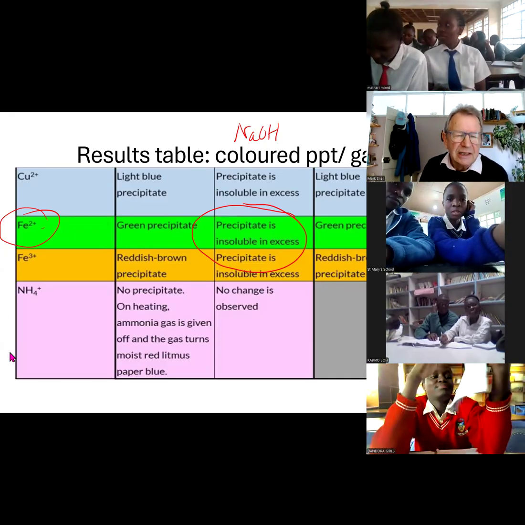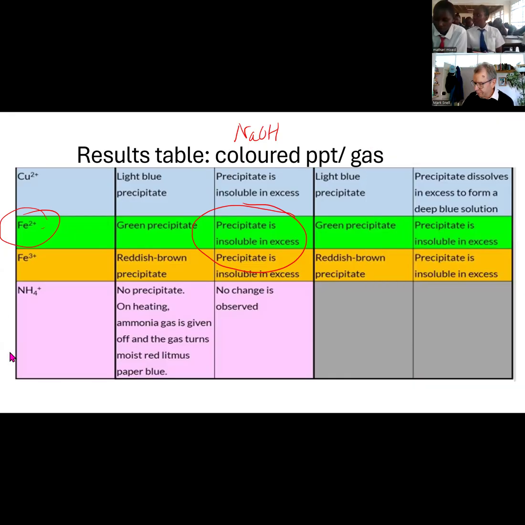Very good. So this would very simply be Fe2 plus aq plus, because it's two of them, 2OH minus aq goes to Fe(OH)2 solid. That's it. Okay, that's the one.